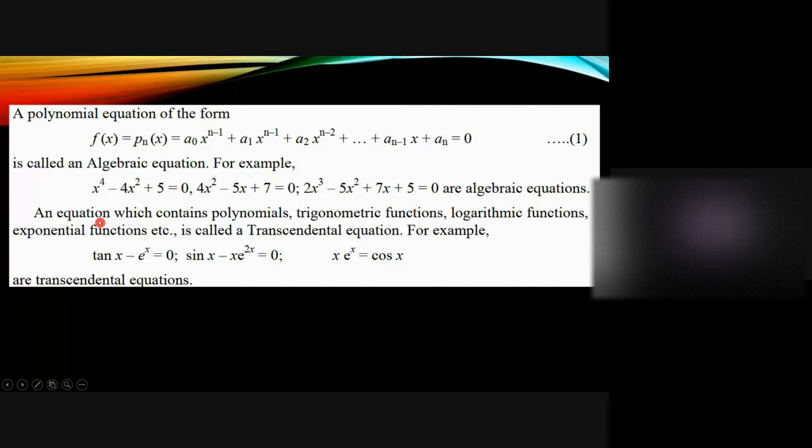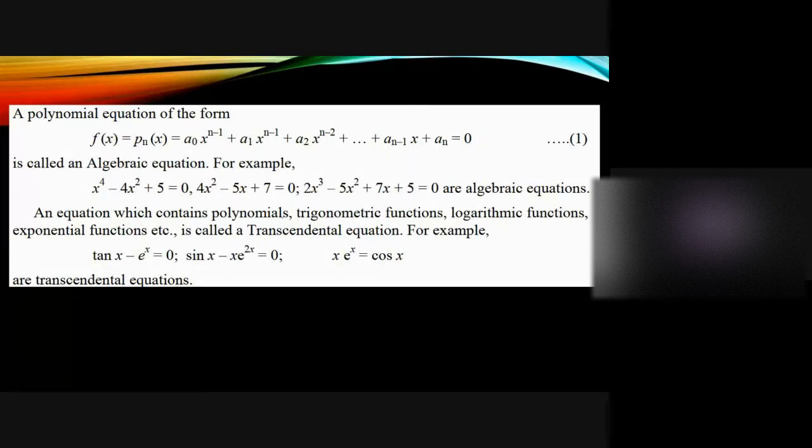So an equation which contains polynomials like the algebraic equation, with trigonometric functions as a new addition, logarithmic functions and exponential functions, is called the transcendental equation.